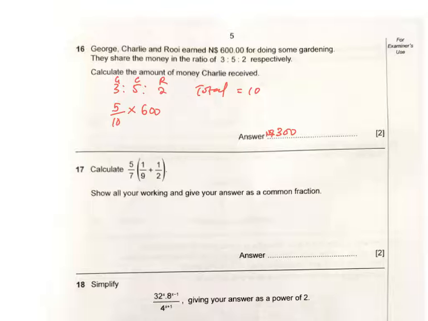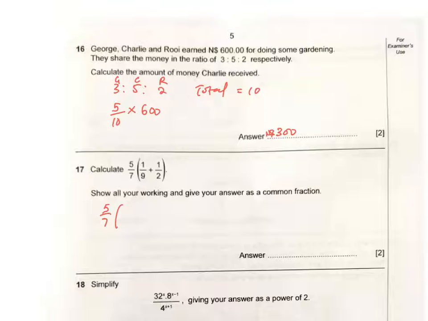Okay, then we go to question 17. Calculate. Calculate means you can use your calculator, but you need to show your work. Because there's only 2 marks, either you expand, multiply 5/7 times each one of these, and then you simplify your answer, or first work out the bracket. So I'll have 5/7 brackets.